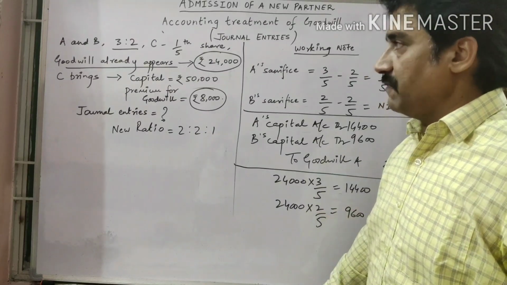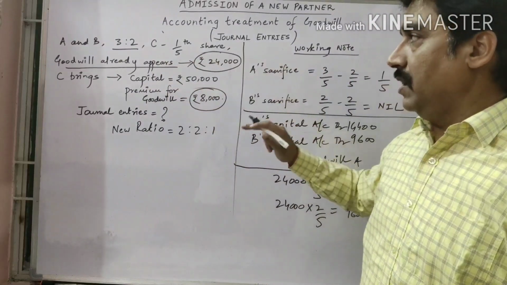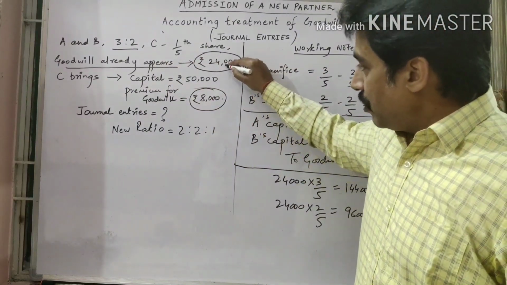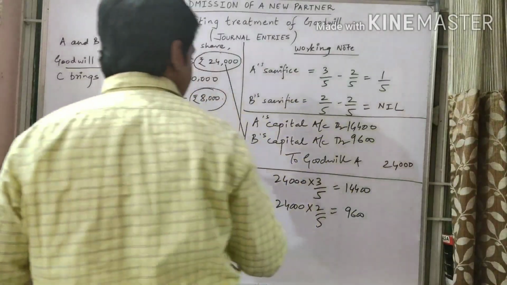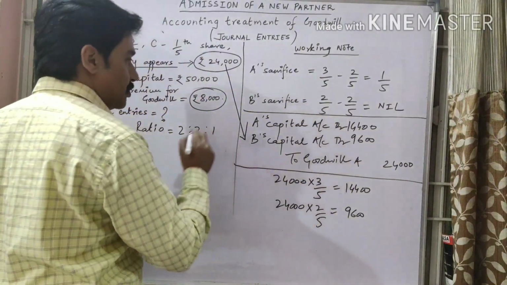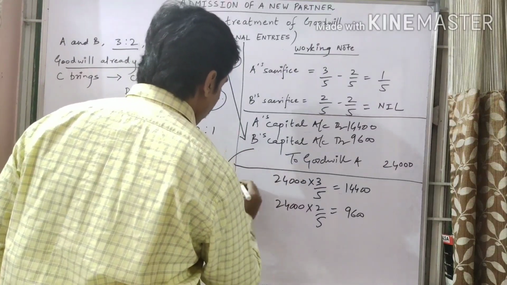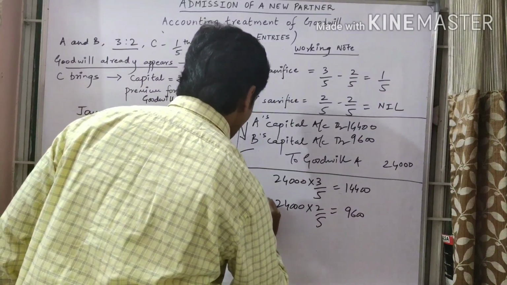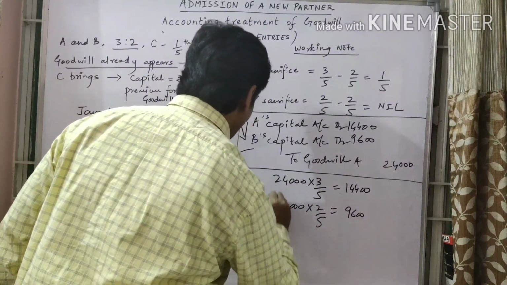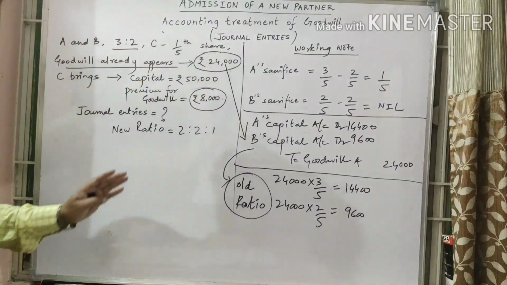Because of that, if goodwill appears in the old balance sheet in any question, you will simply write it off by passing this entry. And this entry has been passed by using the old profit sharing ratio. So it is the old ratio which is used for writing off goodwill. So goodwill appearing in the old balance sheet is already written off.